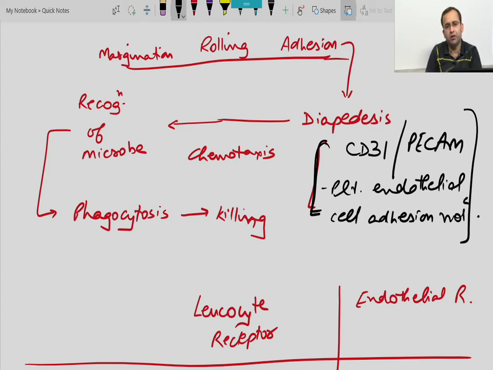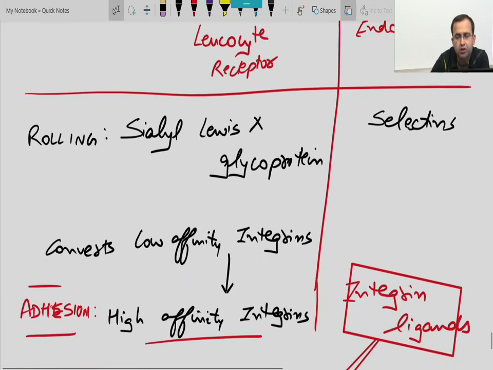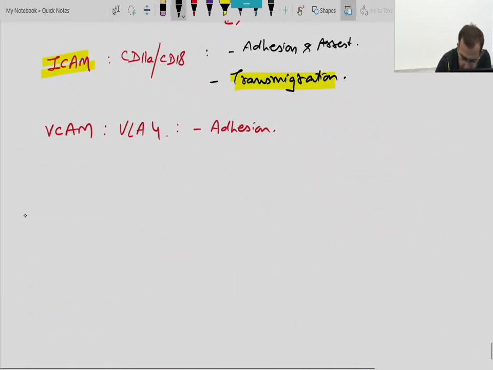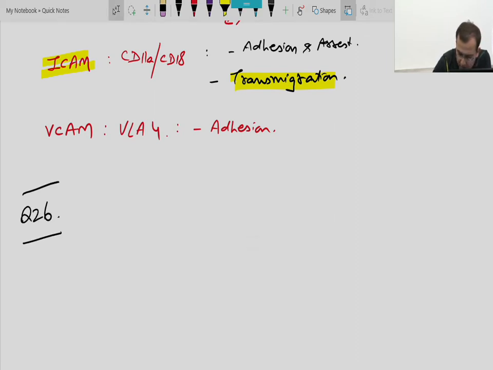So CD31 or PECAM. Done. This is question 25. This gets us to the next one, that is question 26.